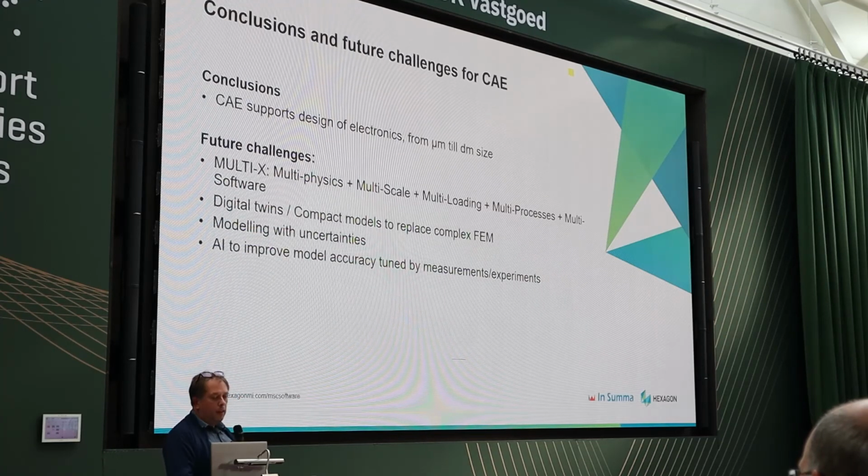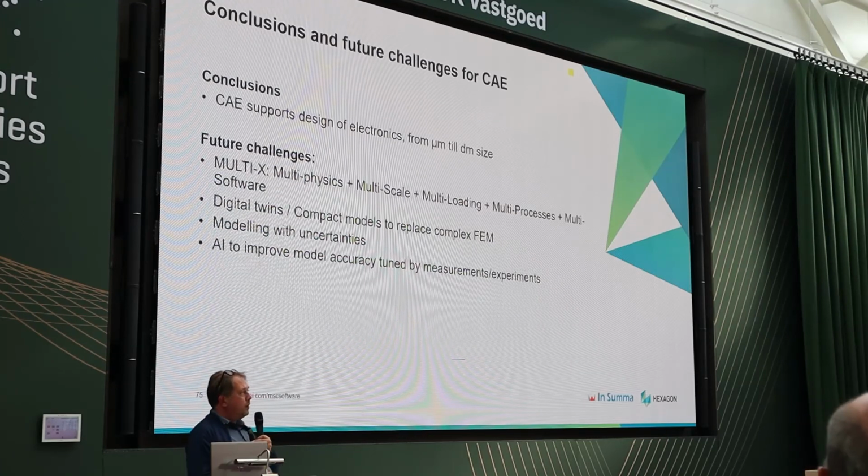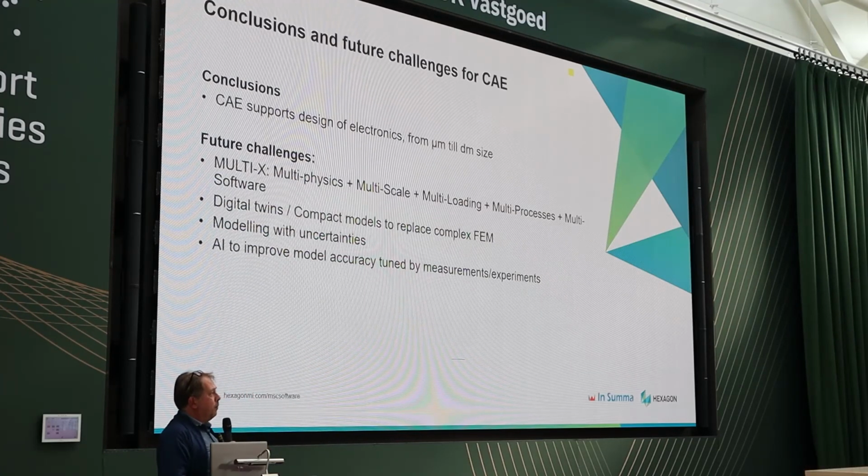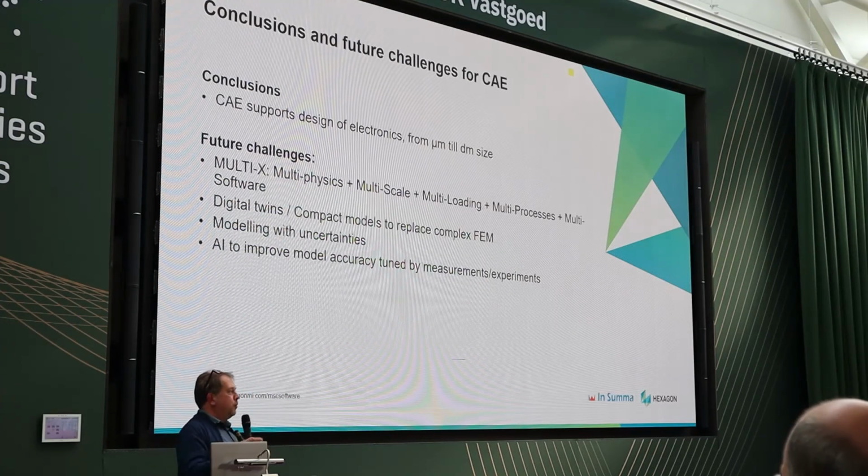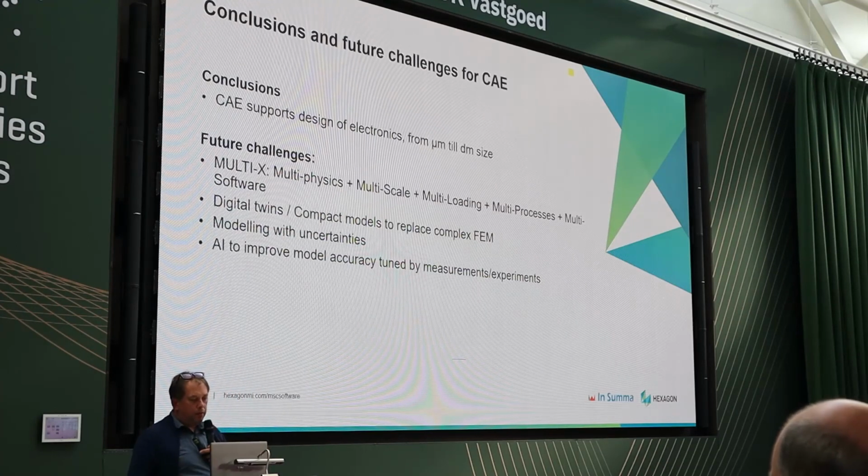Also modeling with uncertainties. Parameters are not deterministic, so they can vary, process dependent. So to include this in the software, so that you don't have, say, my stress is 112 megapascal, but my stress will be 112 plus or minus 17 megapascal. This kind of modeling will also be very interesting.